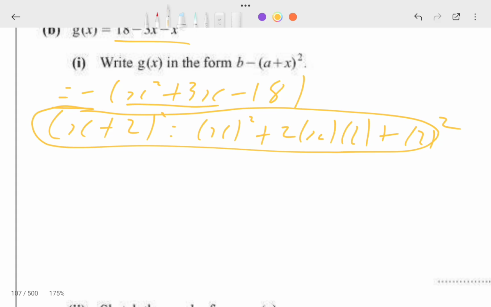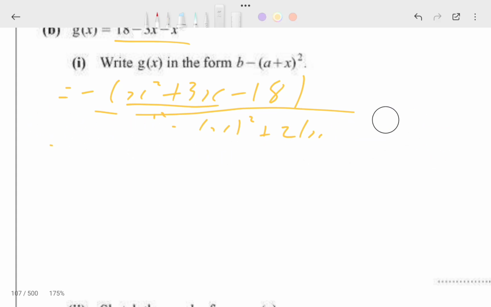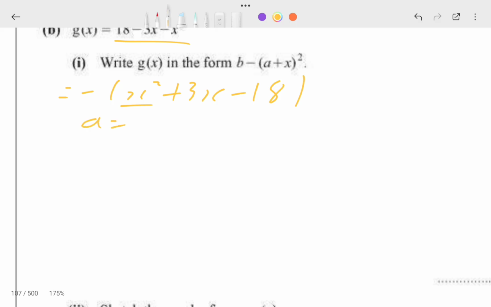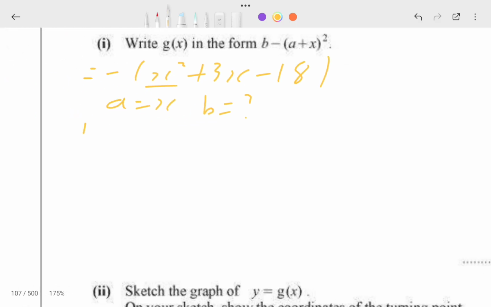So in x squared plus 3x, from x squared we know the value a will be x, because over here it is x squared. So a will be equal to x, but we don't know what will be the value of b. And we also know that 2ab will be equal to 3x. So we can find the value of b from this, so it will be 3 over 2.